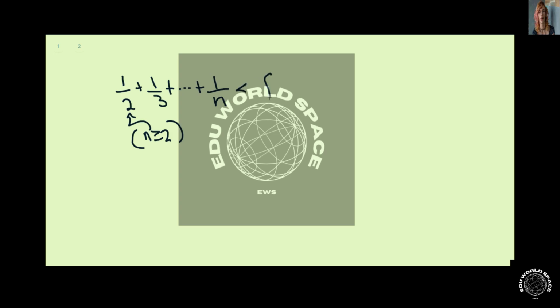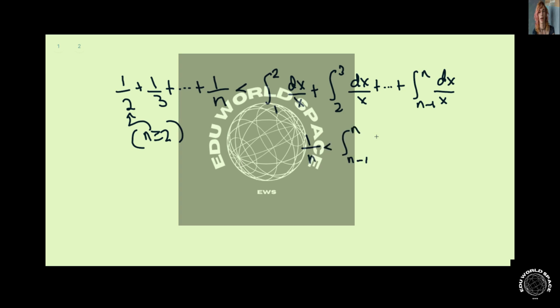Now using that inequality that we had, we're just using it for each of these corresponding terms, and so on.